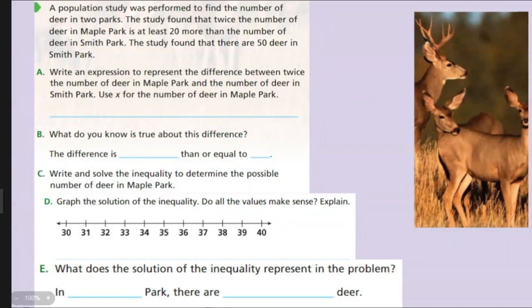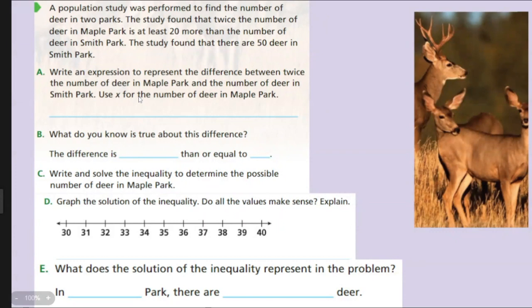The study found that twice the number of deer in Maple Park is at least 20 more than the number of deer in Smith Park. The study found that there are 50 deer in Smith Park. Write an expression to represent the difference between twice the number of deer in Maple Park and the number of deer in Smith Park. Use x for the number of deer in Maple Park.